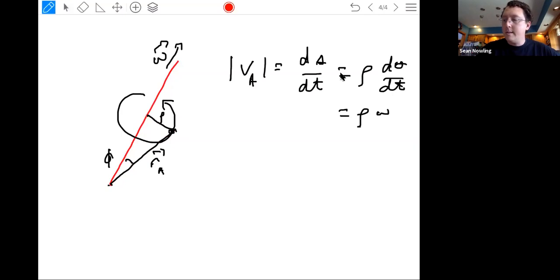So I can rewrite this and say that the speed, not omega, sorry, the speed is equal to, not rho, it's equal to, instead of using rho, I can write that as the magnitude of RA times the sine of phi.